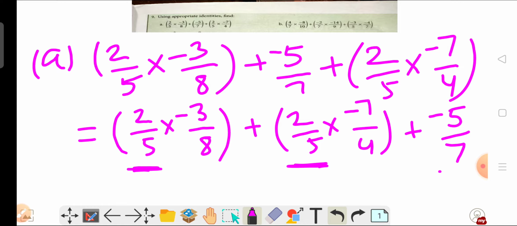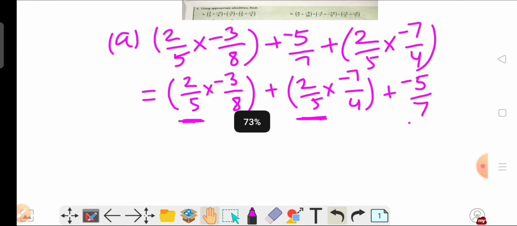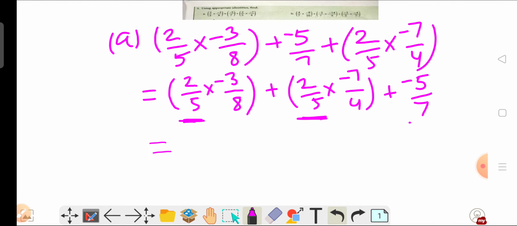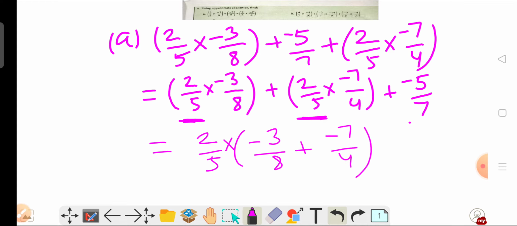So by using the distributive property, according to which multiplication of rational numbers is distributive over addition, we can write this equal to 2 by 5 multiplied by minus 3 by 8 plus minus 7 by 4, plus minus 5 by 7 as it is. Clear? So we can write it like this.